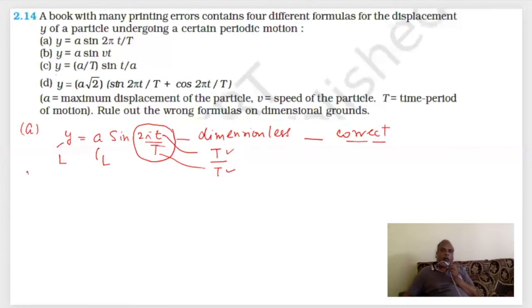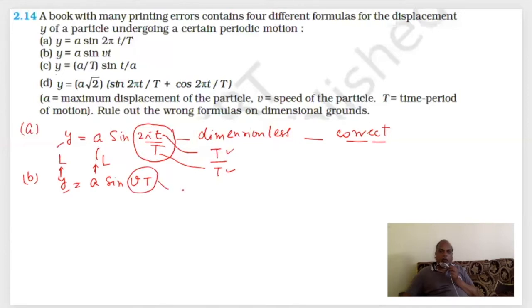Now, what about B? B: y is equal to a sin(vT). Here there is no problem. L is there, L is there. What about the argument?